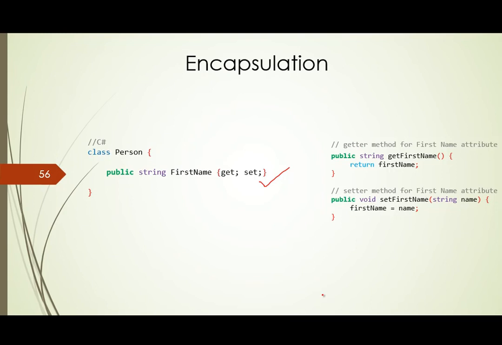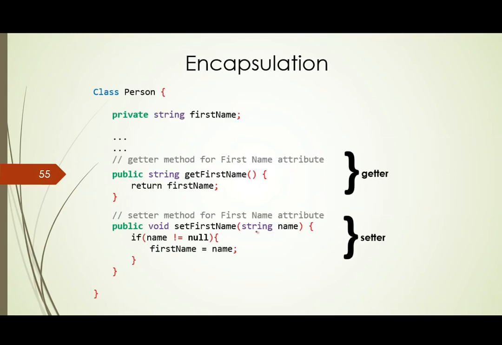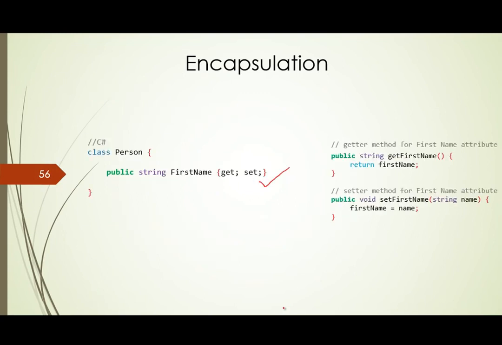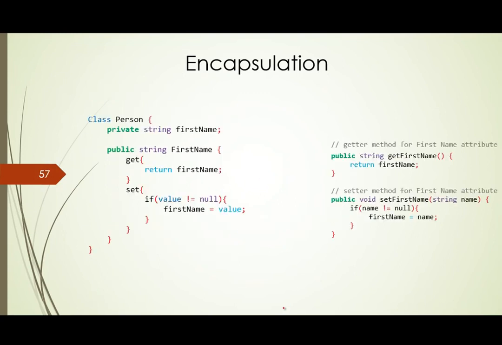So what you do when you have conditions like this? If you really want to explicitly define the getter and setter, what you can do is after the get, you can use the curly brace and let's say you do some stuff up there and then return the first name.